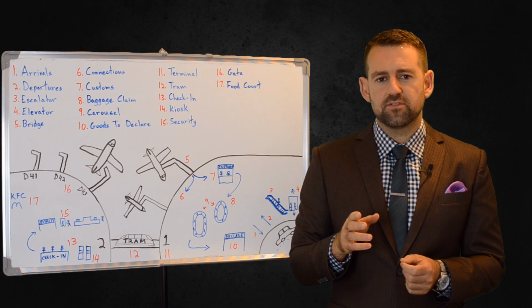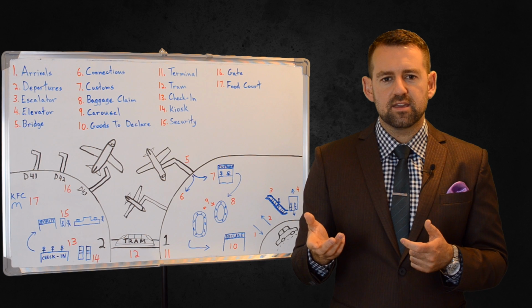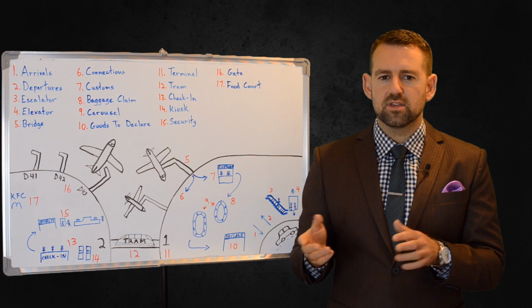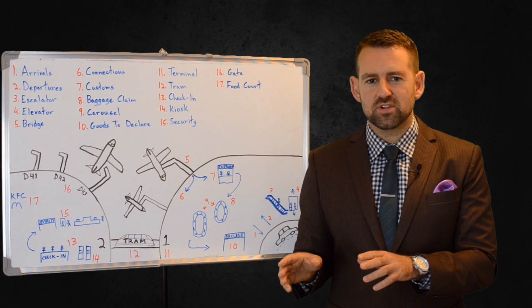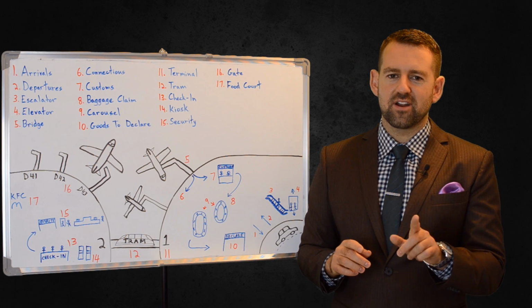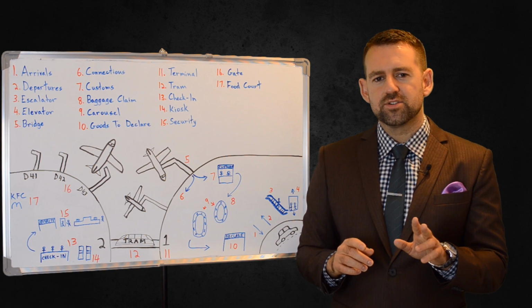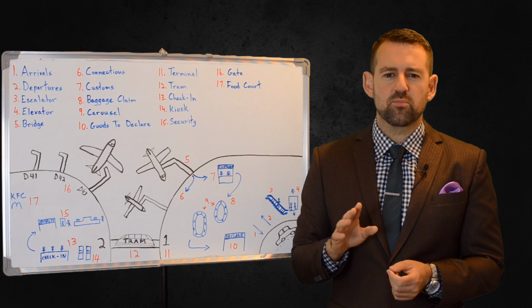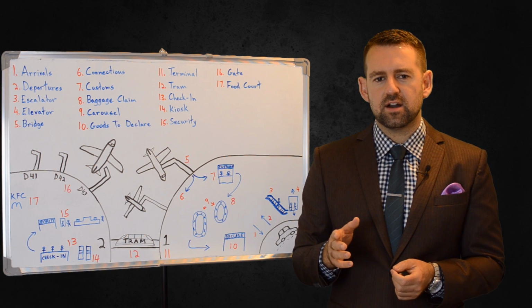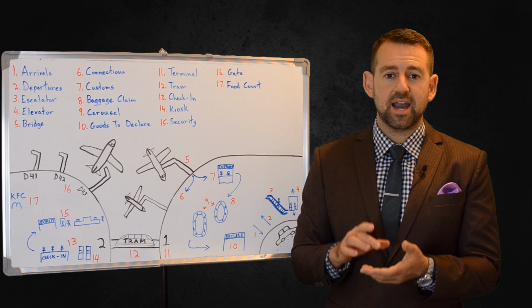For example, if you're bringing a gun into a country, you need to tell them that you're bringing a gun into the country, otherwise they'll be very mad at you. Also, you need to declare if you're bringing in more than $10,000 cash.